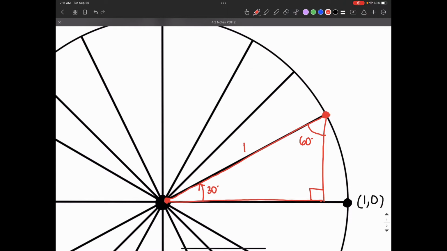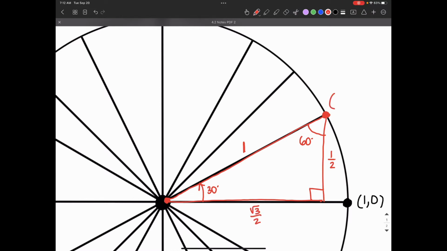And now I know for sure this is a special right triangle because it's 30, 60, 90. If the hypotenuse is 1, then I know the small side we talked about is 1/2, and the large side is the square root of 3 over 2.